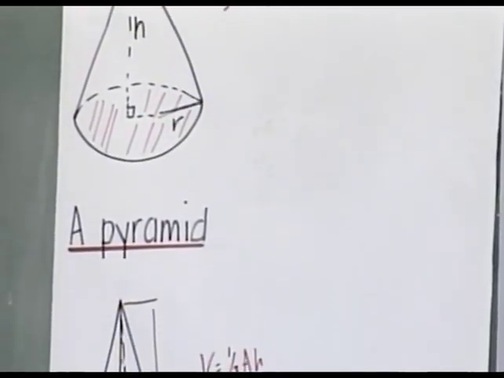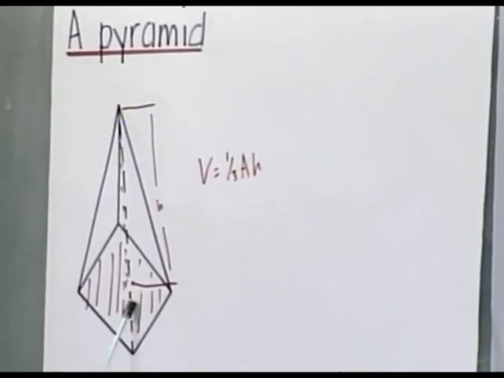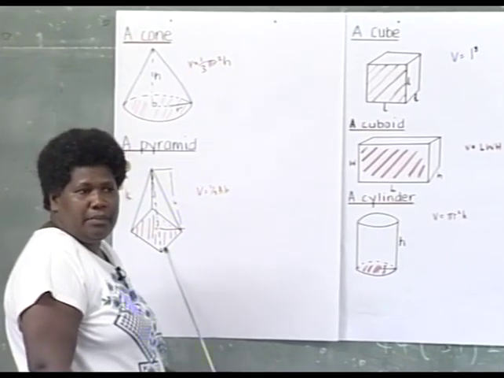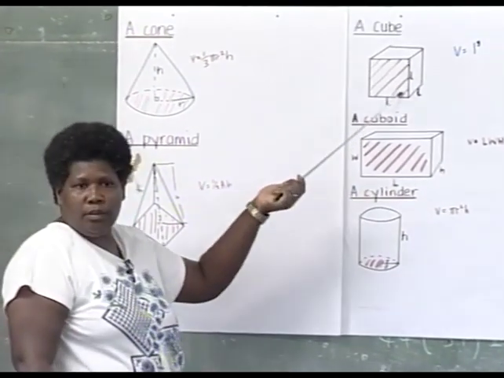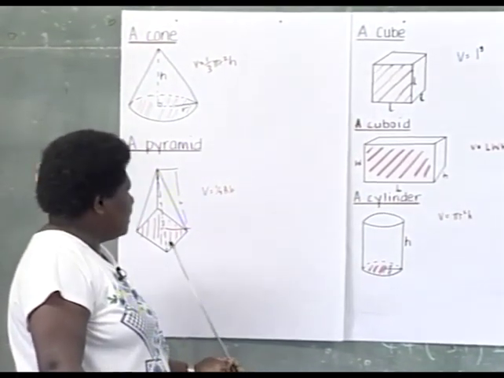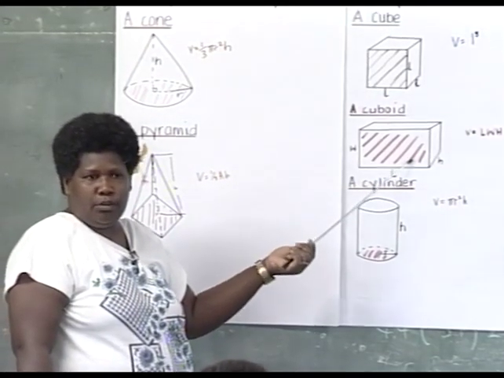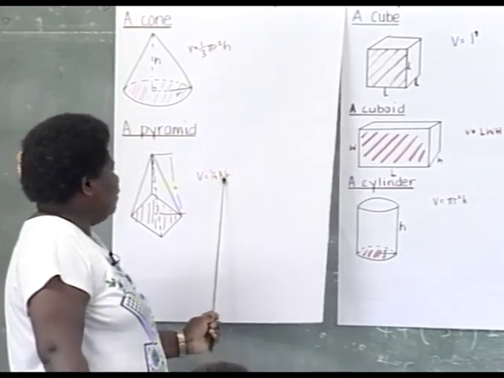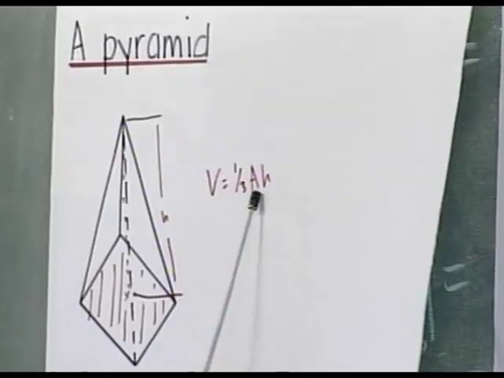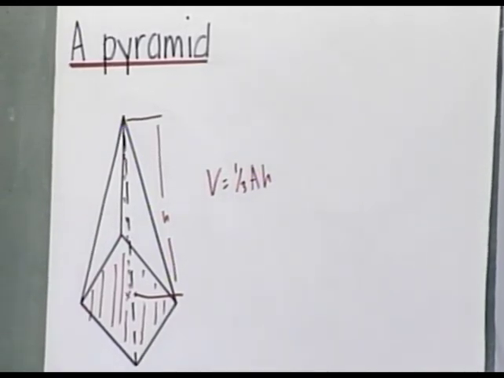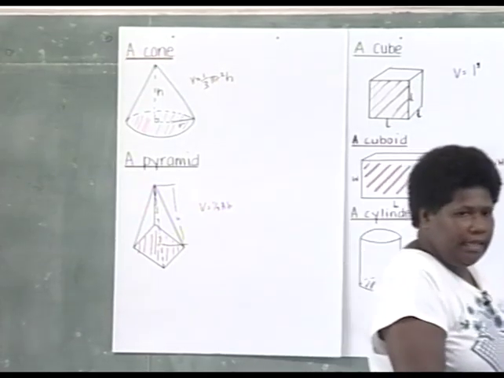If this one is a square pyramid, then you can cut 3 pyramids from the cube. If it's a rectangular base pyramid, then you can cut 3 pyramids from a cuboid. And note A here represents the area of the base. So it's 1/3 the area of the base times the perpendicular height.